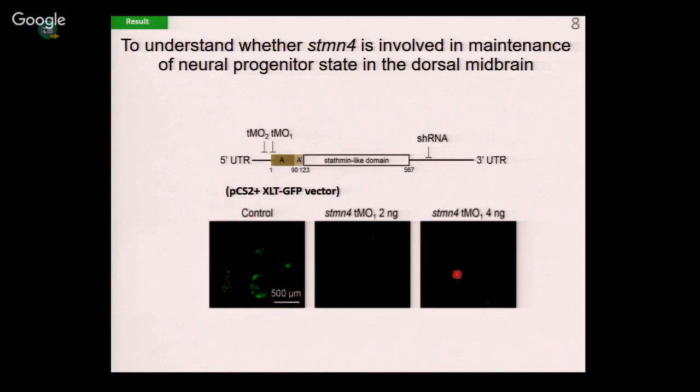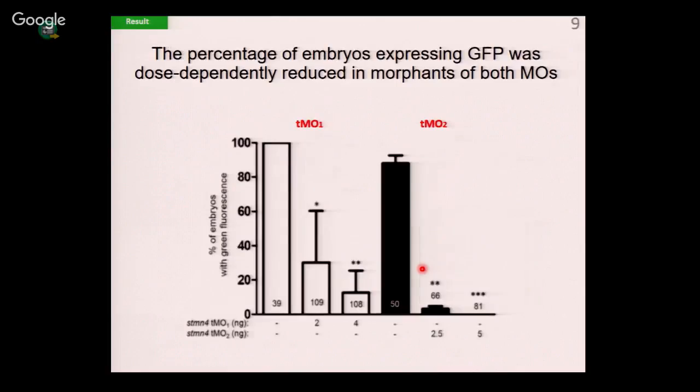In contrast, there is reduced fluorescence in morpholino-injected embryos. Here we can see the percentage of embryos with green fluorescence compared with control. The percentage reduced in morpholino means the morpholino efficiently targets and knocks down the GFP expression as well as Stathmin4 function.